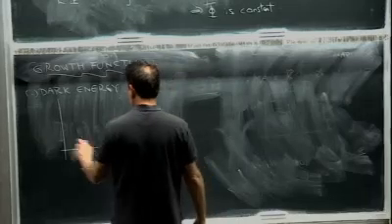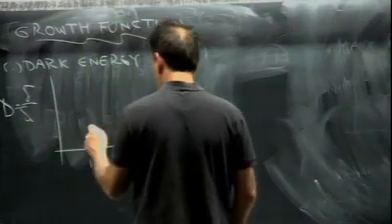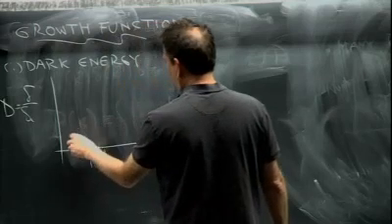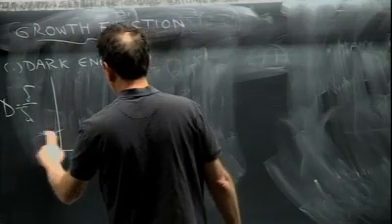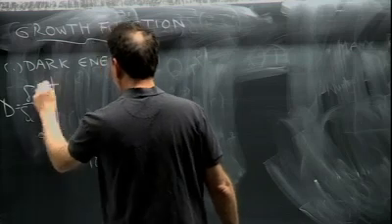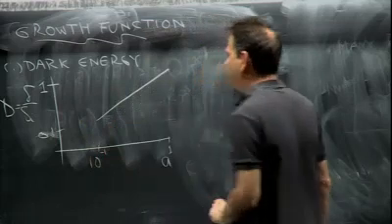Here's 1. So the growth function is defined to be D, delta over, say, delta initial. So remember, at early times, it's just going as the scale factor. So it's just linear in the scale factor. So if the universe were matter dominated, it would just look like this.